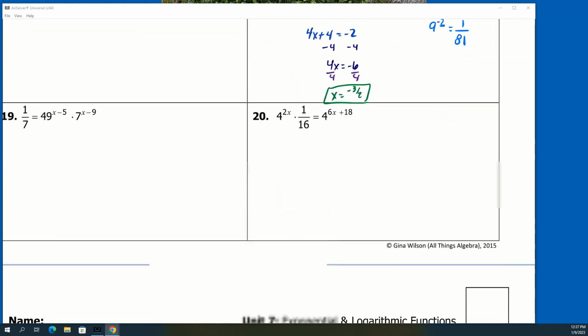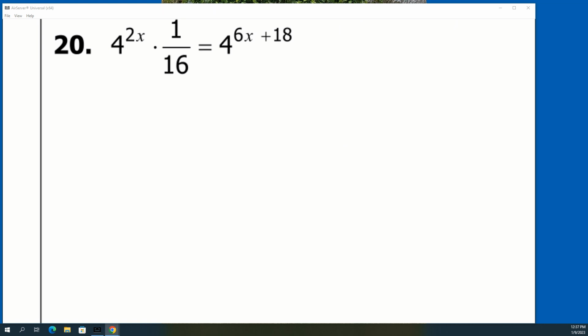So that's what I would do if I was you. I would leave the 4s like they are, and I would rewrite 1 over 16 as 4 to the -2, just like what we did with 1 over 81.